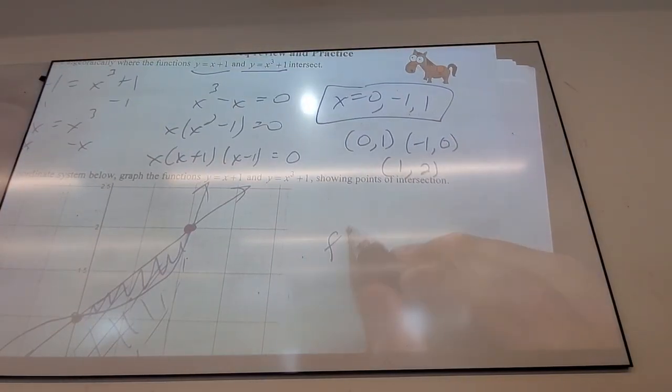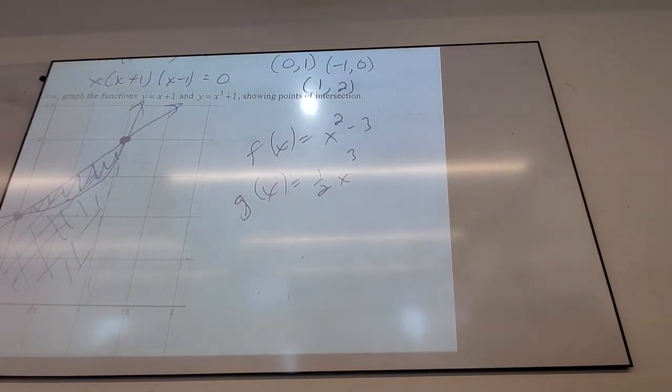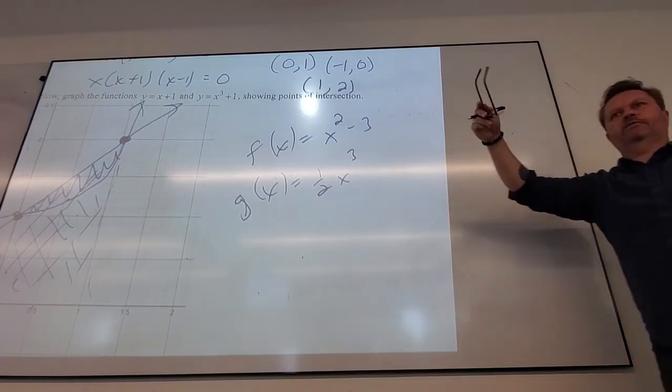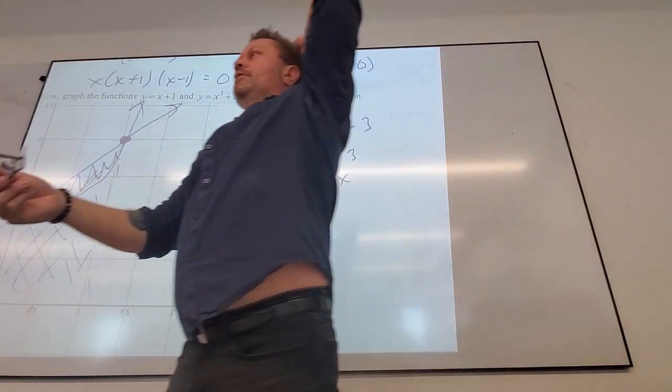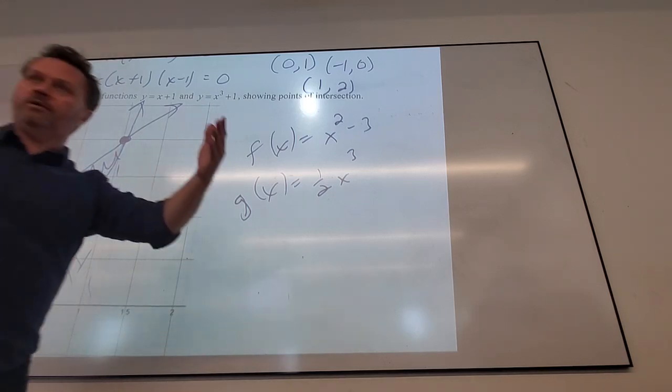But if I just gave you two functions and I want to know the area between those two functions, I would first figure out where they meet, and then figure out who's on top between where they meet. I want to know who's on top. That's the function I put first, because I want to subtract smaller from bigger.